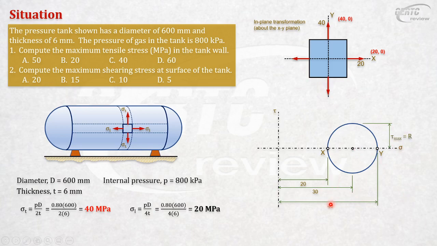The radius of this is 10 MPa. That's the maximum. 30 minus 20, 10 megapascal, your tau max XY. So the answer here is 10.